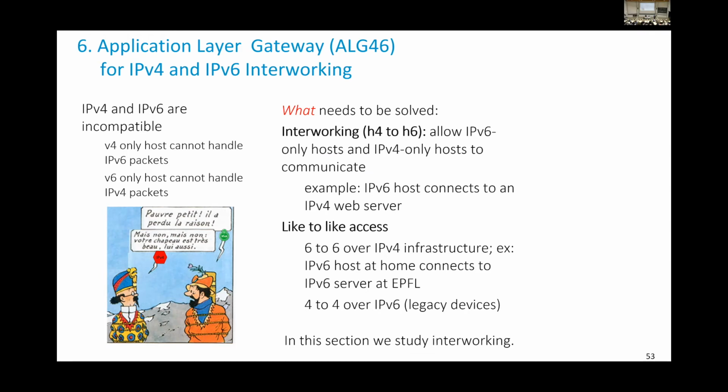This leads us to the next topic that we will discuss today and next week, which is the interworking of IPv4 and IPv6. As you remember, with very few exceptions, we may have V6 hosts, dual stack V6 hosts are able to accept IPv4 packets in an IPv6 socket, but a pure IPv6 host cannot handle IPv4 packets and vice versa.